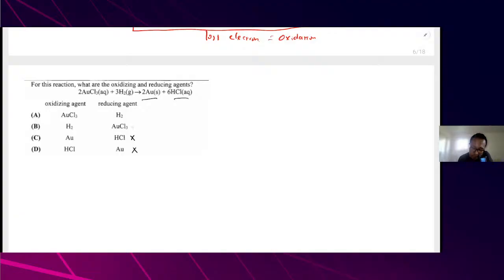So just take a look at option A or B: 2AuCl3 plus 3H2, and then 2Au plus 6HCl. We need to determine the number of each one.